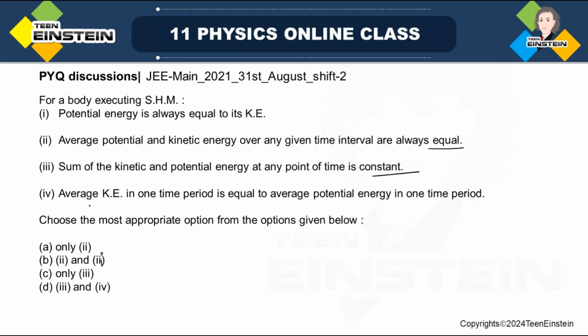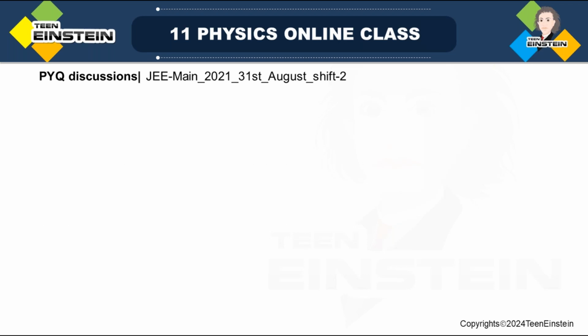Let me just show you here. The expression for the potential energy for a body executing simple harmonic motion is given by half k x square. k I can write as m omega square, so half m omega square x square. What is x? x is the displacement at any instant of time. What is the expression for the kinetic energy?